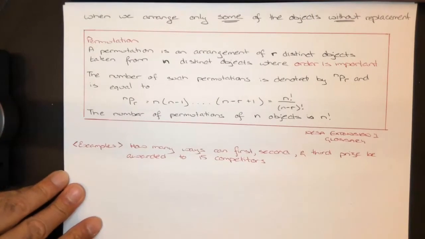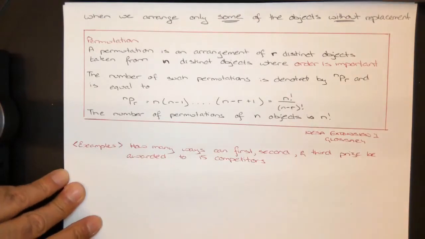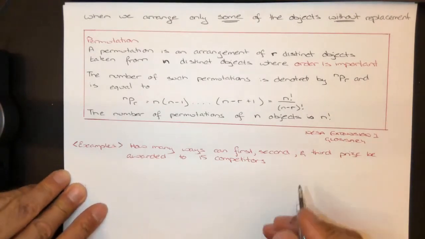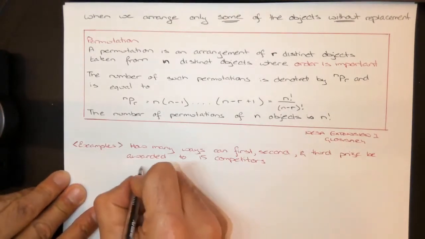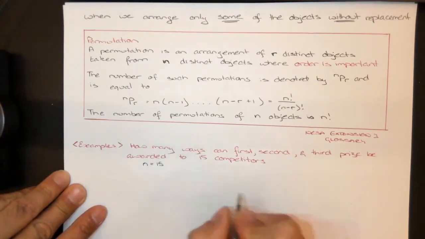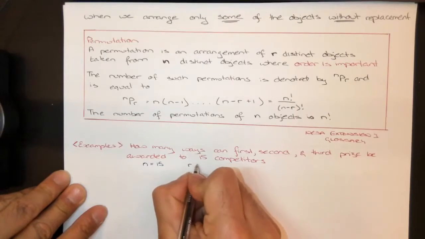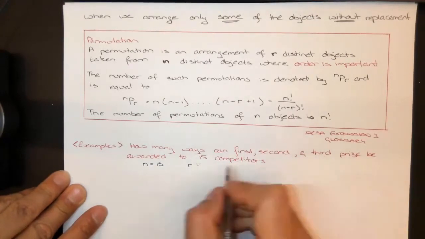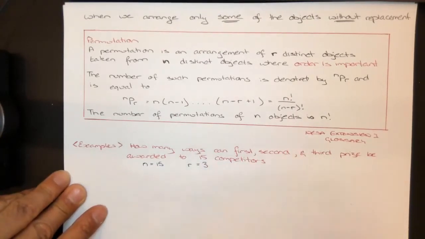Okay. So let's do some quick examples. How many ways can first, second, or third prize be awarded to 15 competitors? So there are 15 people. So that is n. So n equals 15. And in this case, we want first, second, and third. So r is 3 positions.